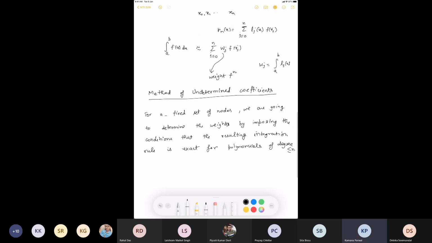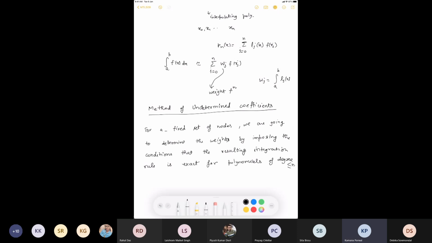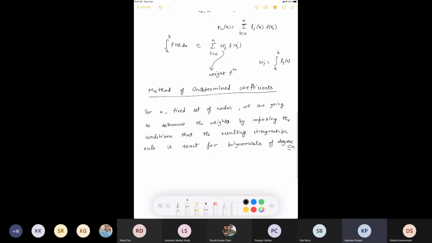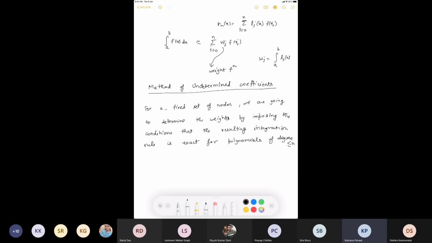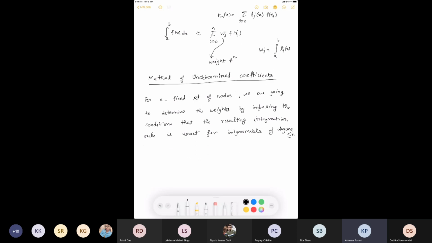Okay, so we have n plus 1 nodes, and we want to determine these n plus 1 weights. How are we going to determine these weights? We impose the condition that the integration rule we are seeking here is exact for polynomials of degree less than or equal to n.